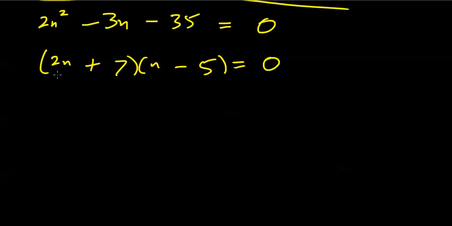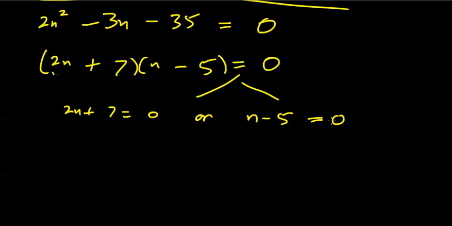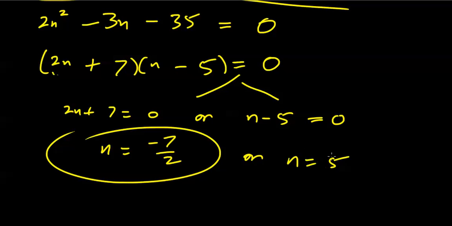I picked that because if my outer product is negative 10n and my inner product is positive 7n, indeed those inner and outer products will add up to a negative 3n. Alright, so convince yourself that I've got the correct factored form there. I'll then branch off into two degree 1 equations with the word or in between them. And of course then n equals minus 7 halves or n equals positive 5.